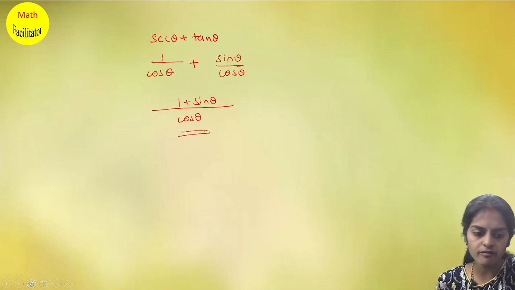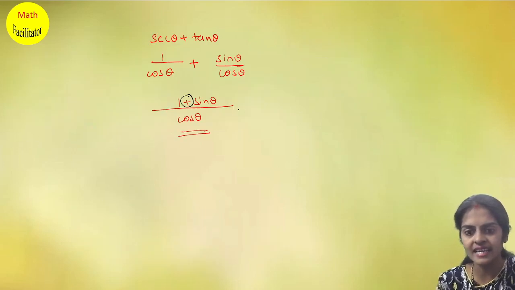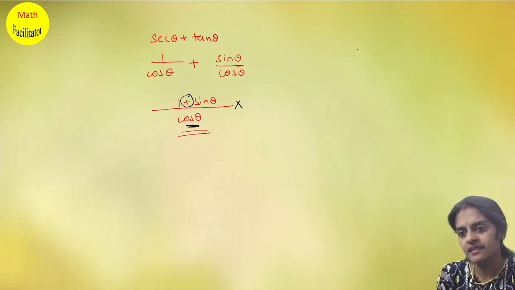Whenever you find it like this, what logic you need to remember is, here you have 1 plus sin theta in the numerator and 1 minus sin theta in the denominator. In this case, always remember that we need to have 1 minus sin theta in the denominator. Remember that you can use the identity cos square theta plus sin square theta is 1.